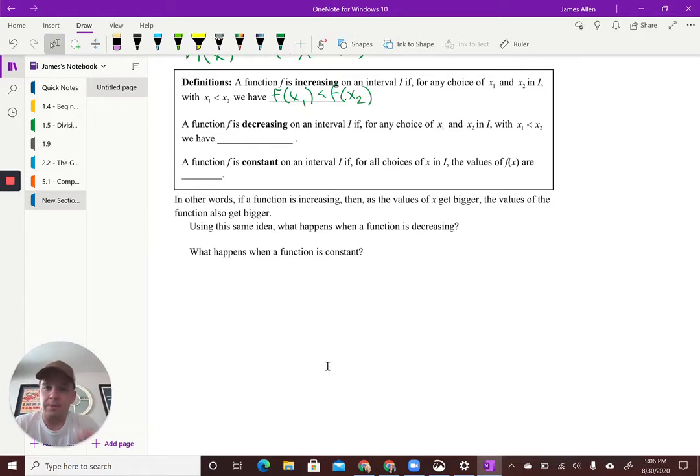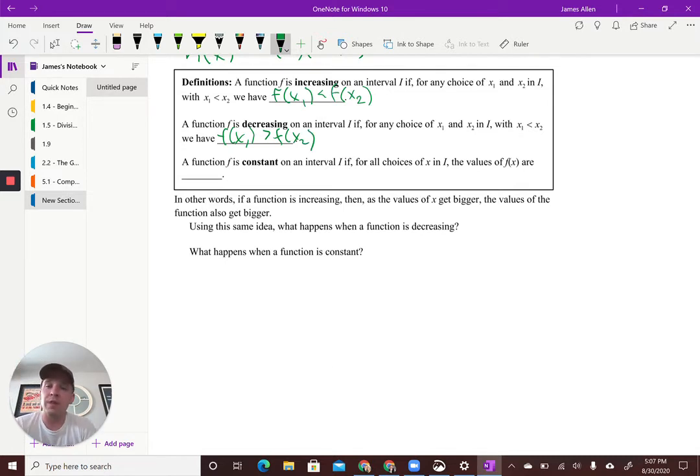Now, let's talk decreasing. A function f is decreasing on an interval I if, for any choice of x sub 1 and x sub 2, same kind of scenario, in I, with x sub 1 being less than x sub 2, so we're moving from left to right on the graph, we have our function values, f of x sub 1 is going to be greater than f of x sub 2.